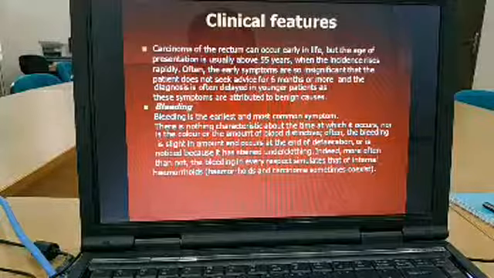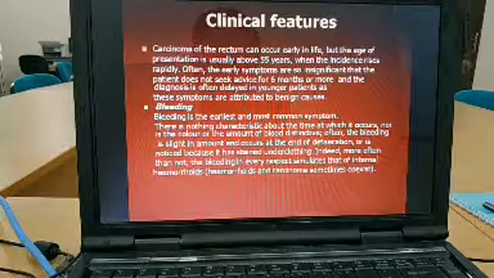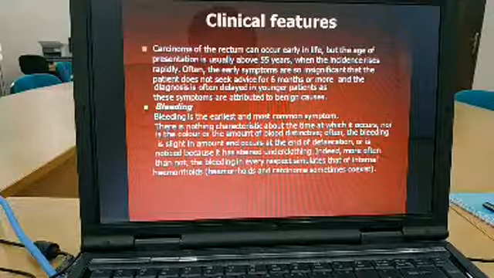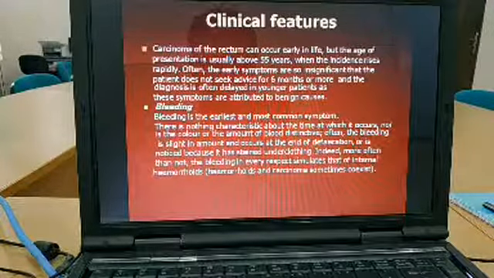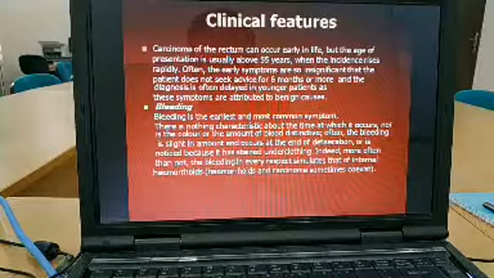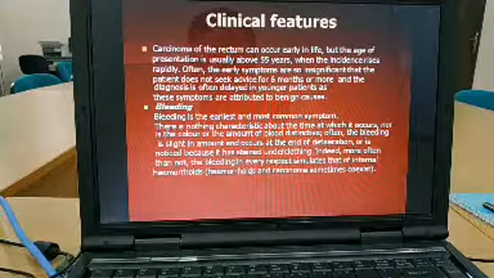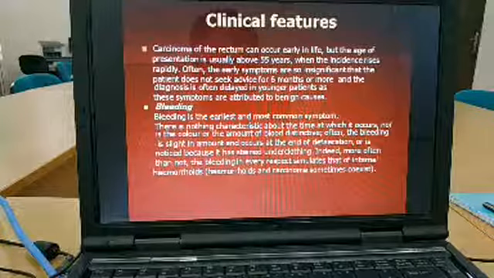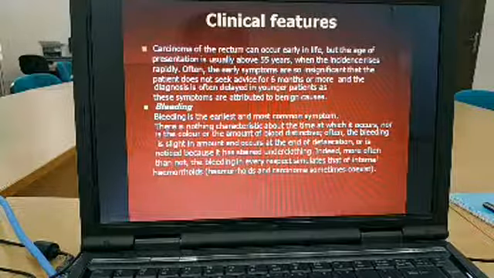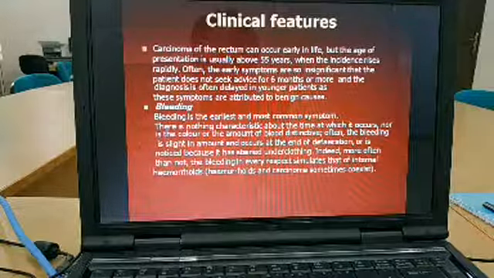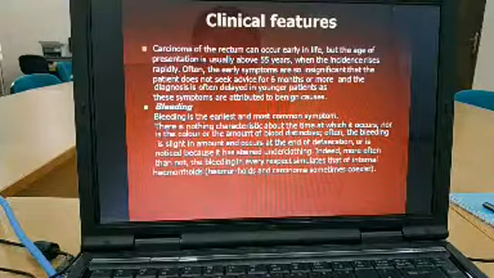Often the early symptoms are so insignificant that the patient does not seek advice for 6 months or more, and the diagnosis is often delayed in younger patients as these symptoms are attributed to benign causes. Initially the symptoms may be very similar to those of any other disease of the rectum and anal canal.